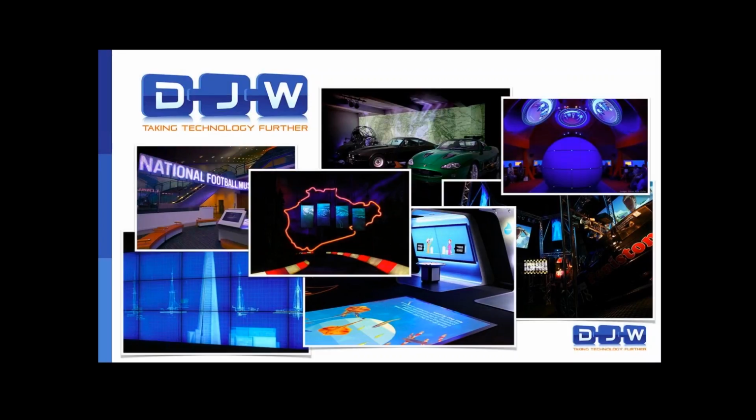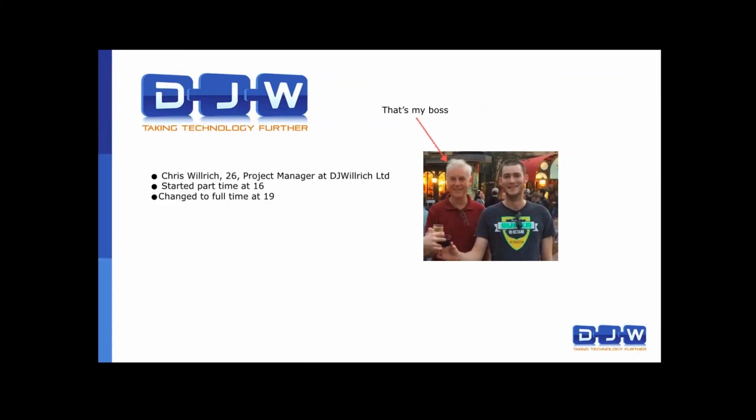Right, so off we go, I guess. Thank you. So as was just mentioned, my name is Chris Willrich and I work for DJW. We are an AV systems integrator and consultant company that was started in the 80s by David. That's him, and that's me next to him.